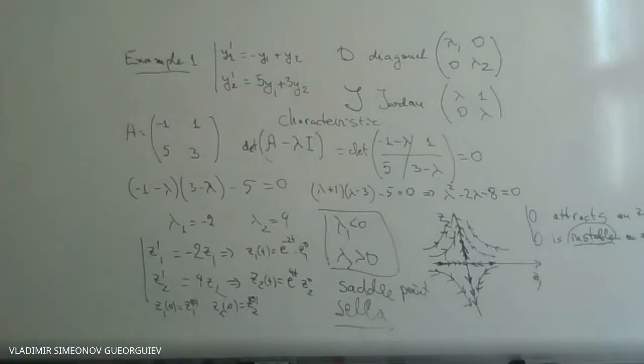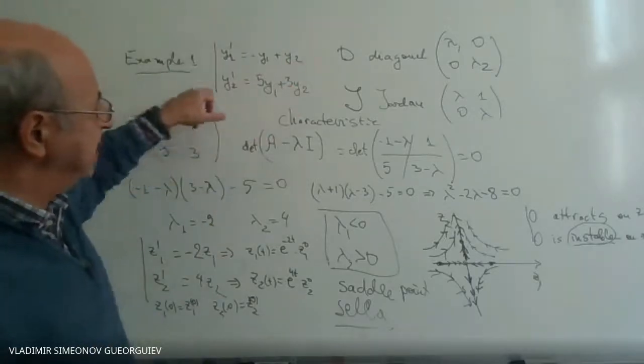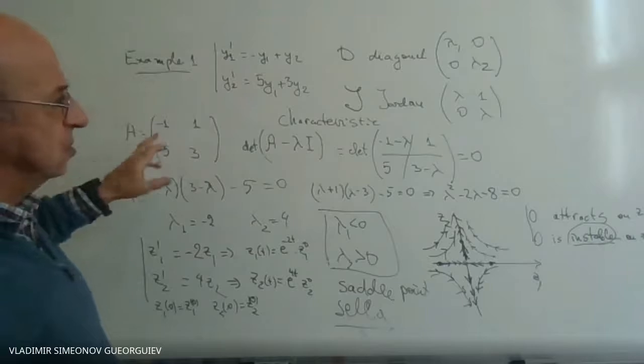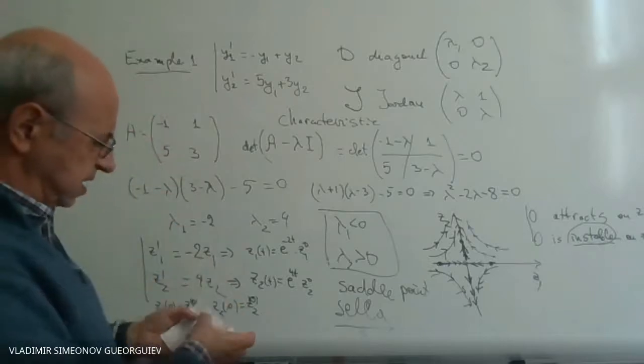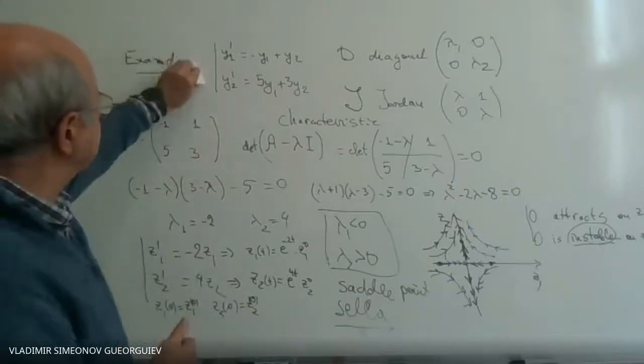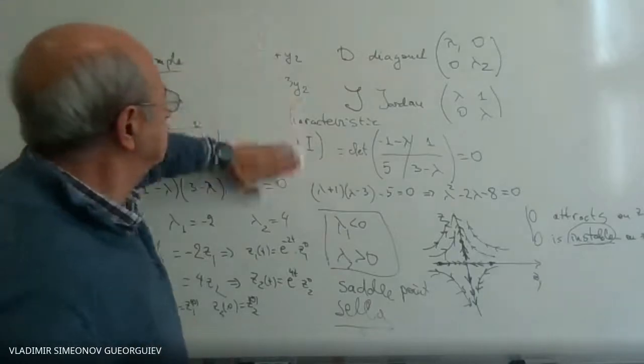Let us now go further. Of course, in next exercises, we should have the matrix A, which is not diagonal, but in the next example, we shall take directly a diagonal one.